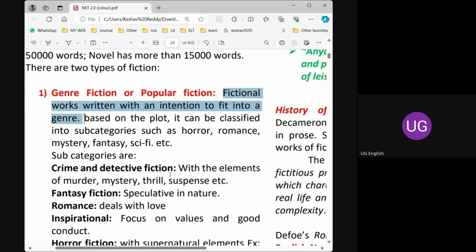Yes, there are several other types also, but I am just giving you a few categories. So if a novel fits into any of these subcategories, it is called genre fiction.